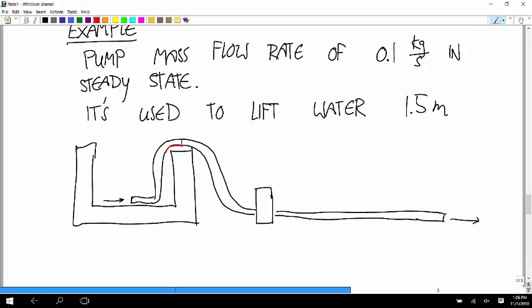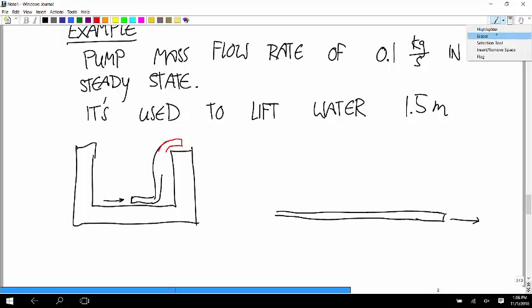So really you can think of it like, let me draw it differently, just so we can include the pump itself in the picture.